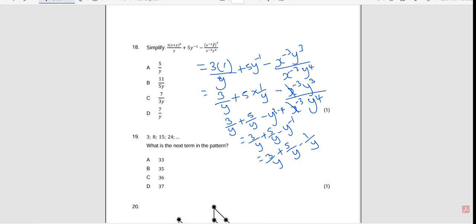We have the numerator is the same, meaning that we have 1, and the denominator is the same. Now we're going to add the numerators: 3 plus 5 is 8, minus 1 is 7. So the correct answer is 7 over y.